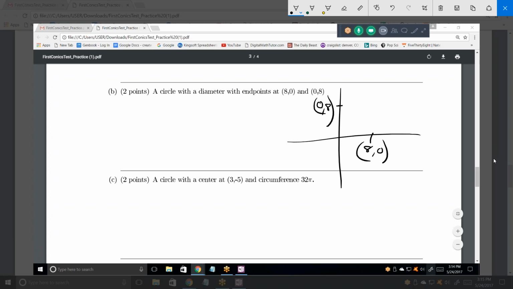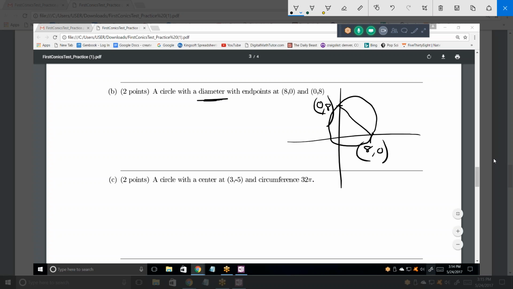Now, those are the endpoints, which means that has to be the diameter of the circle. My circle has to look something like that. It really can't look any other way. It says a diameter with endpoints, so I connect my two endpoints, that's the diameter of my circle. Once you know a diameter of a circle, there is only one way you can draw the circle.